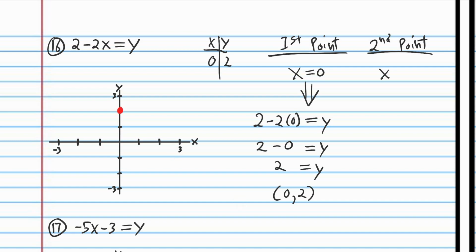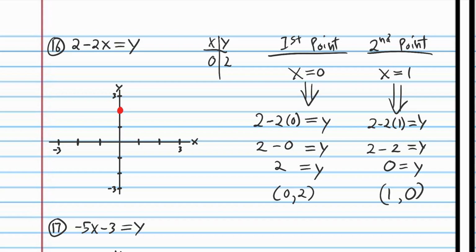Then I have to choose 1. If I choose -1, it's going to be out of the window. So I'm going to choose 1 for x. And I get y is equal to 0. So 1, 0 will be here, and connect the dots.